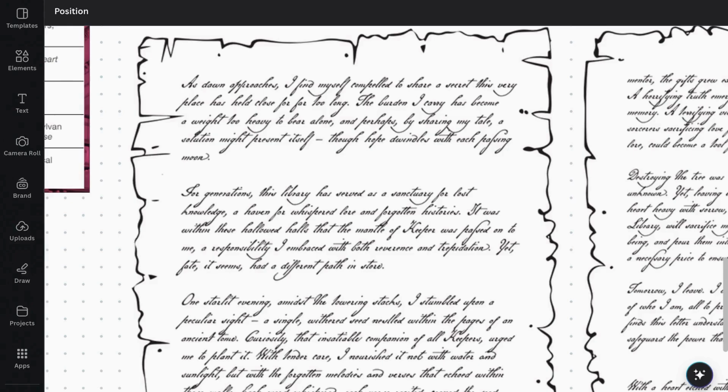As dawn approaches, I find myself compelled to share a secret this very place has held close for far too long. The burden I carry has become a weight too heavy to bear alone, and perhaps by sharing my tale, a solution might present itself. Though hope dwindles with each waning moon.